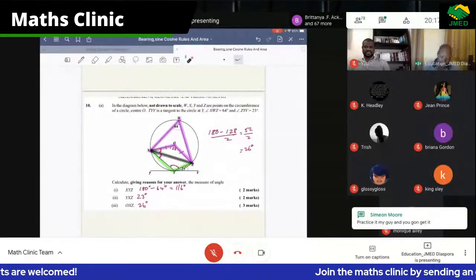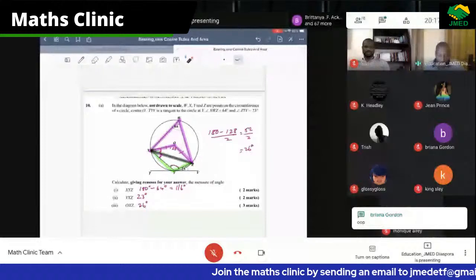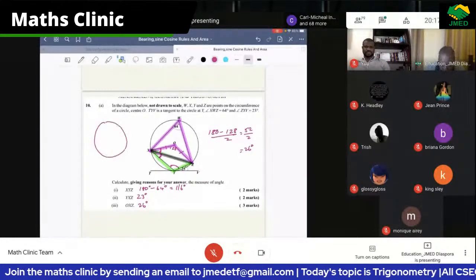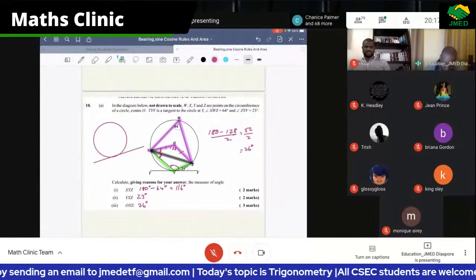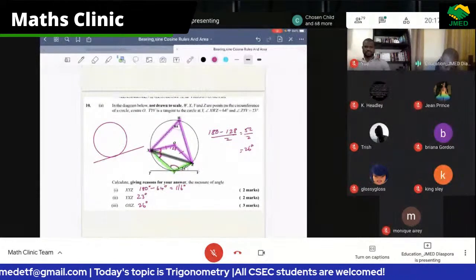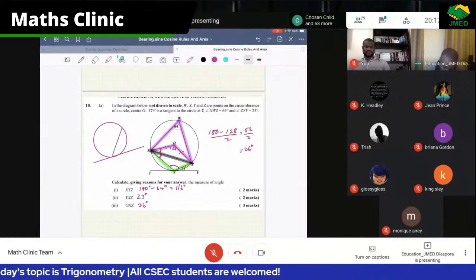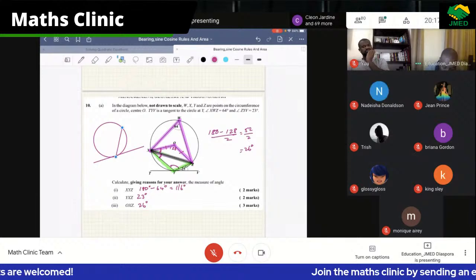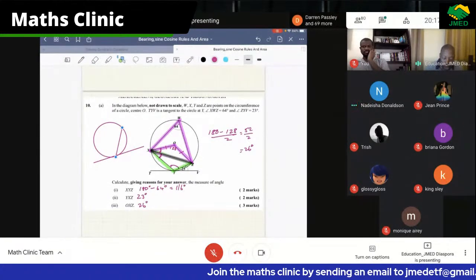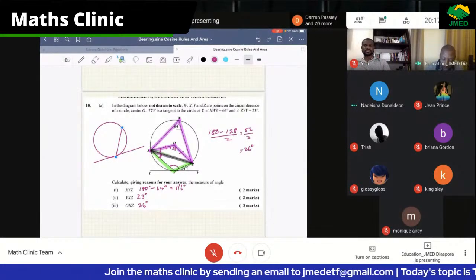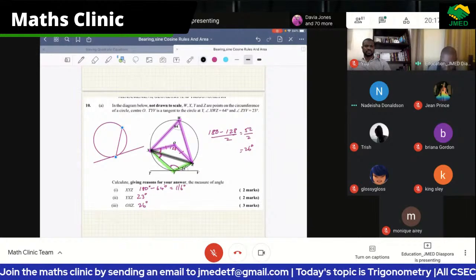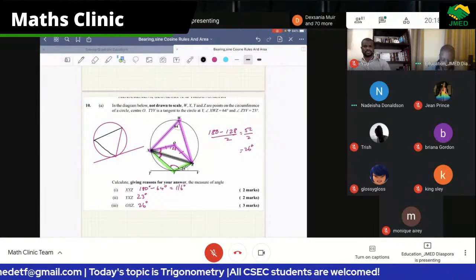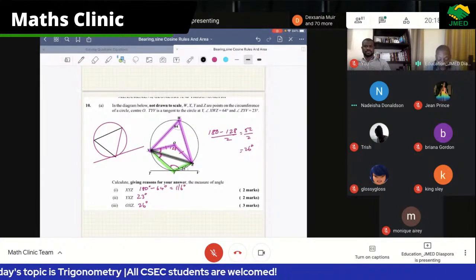All right, let me show you something. Everybody who is looking at it, yeah? I'm going to separate them. That's a tangent, yes? Now, if I have a chord anywhere, and I join anything to that chord, a triangle is formed, yes?